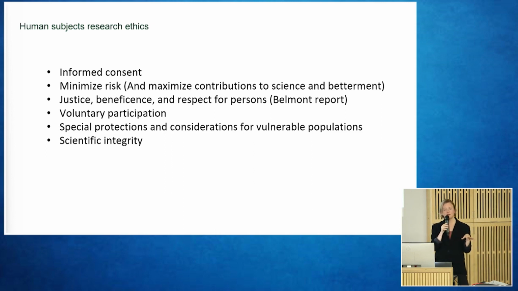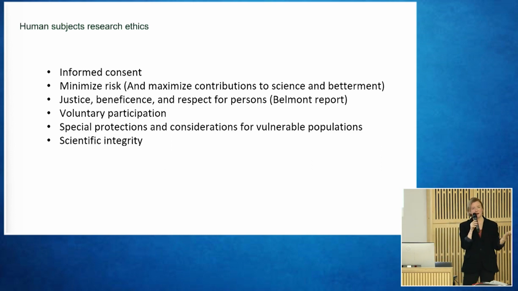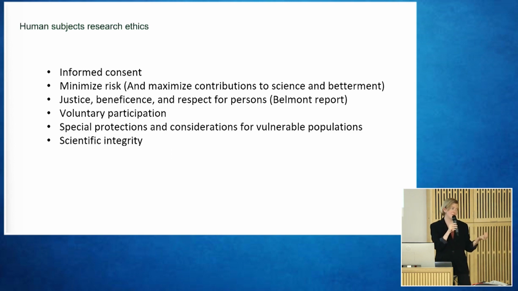As a human subjects researcher, you always want to minimize risk and maximize the contributions to science and humanity. So as the study becomes riskier, for example, you're taking blood from a human subject, you want to ensure that risk has some sort of reason or merit or application.